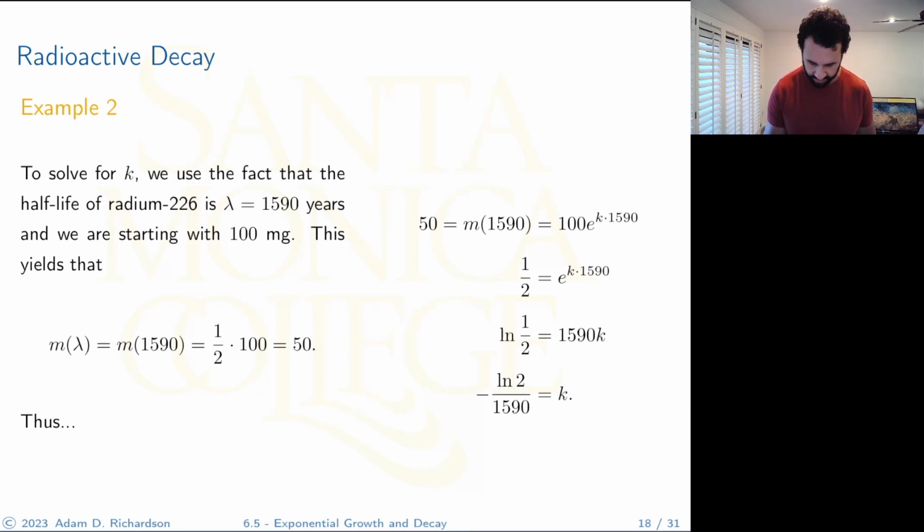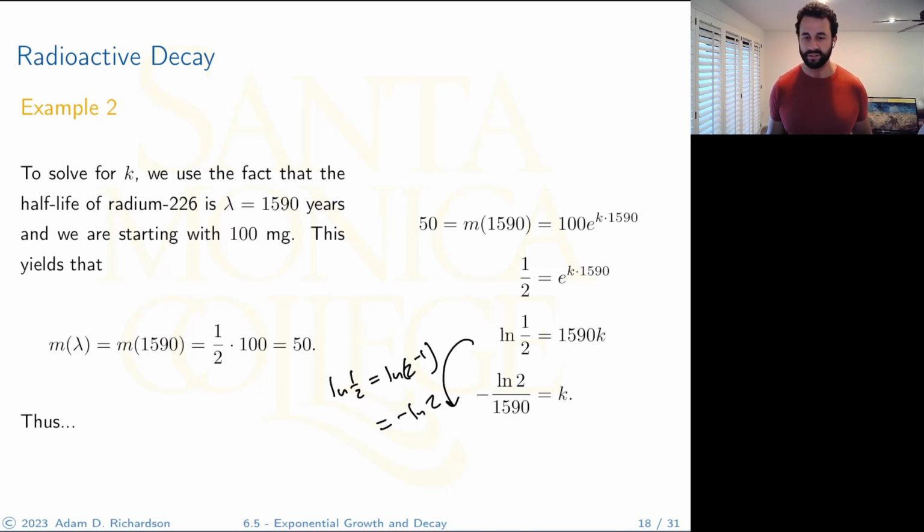One small little note I'm going to add here. When I went from this step to this step, I rewrote the natural log of 1/2 as negative ln of 2, since 1/2 is 2 to the negative 1. So this is a common handy thing to consider.